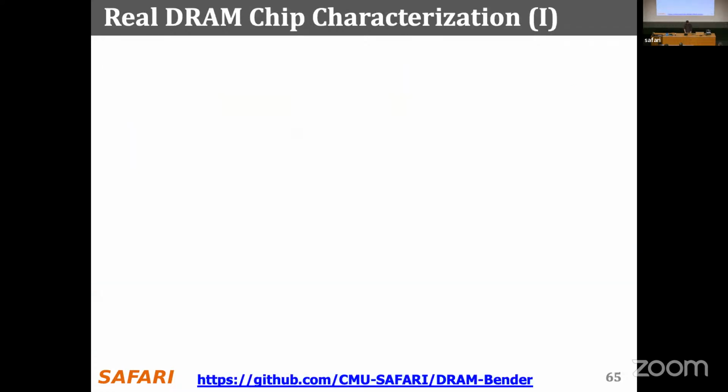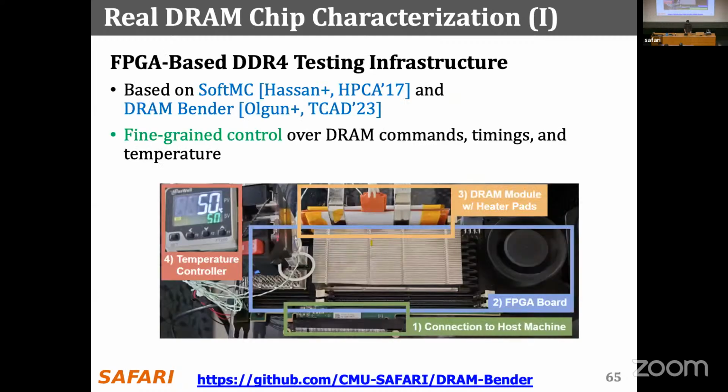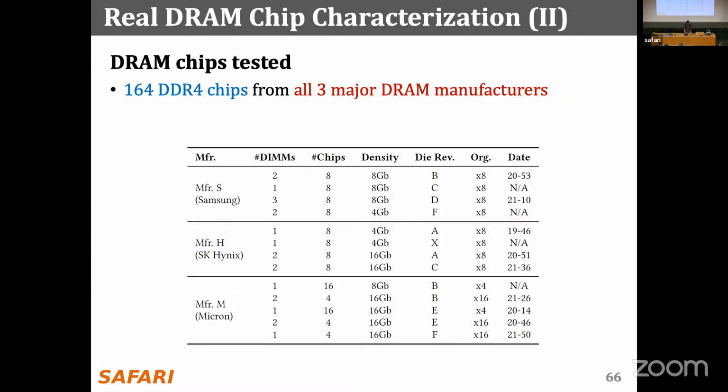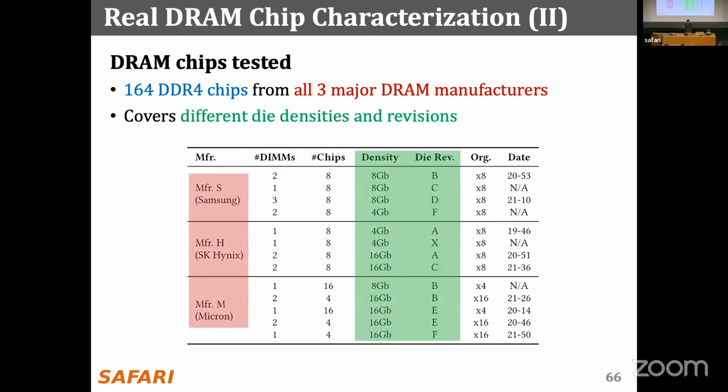Again, we use DRAM Bender or SoftMC, the FPGA-based real DRAM chip characterization infrastructure that allows us fine-grained control of the DRAM commands and timings, as well as a temperature controller, so we can control the temperature of the DRAM chips. And we characterize a large number of DRAM chips from all three major manufacturers, spanning different die densities and die revisions.